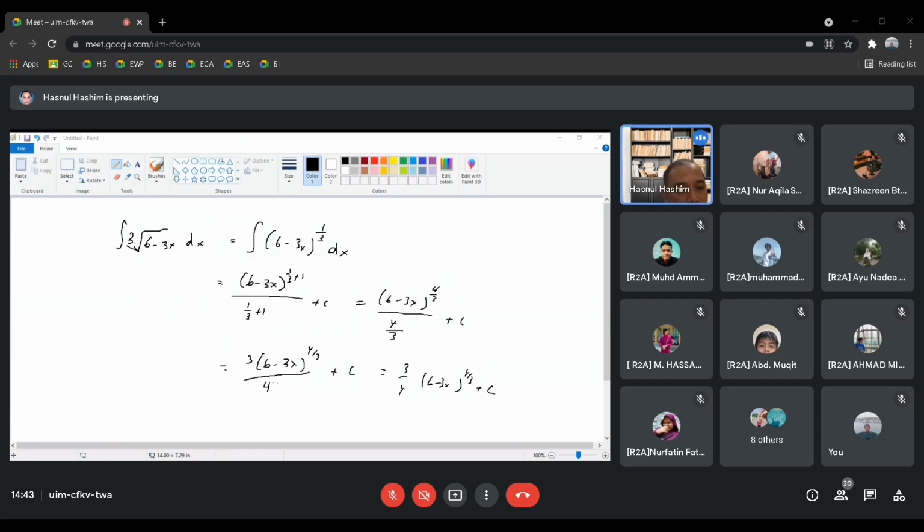Dia bagi jawapan dia adalah apa? 3/20, negatif 3/20. So kita buat sini.